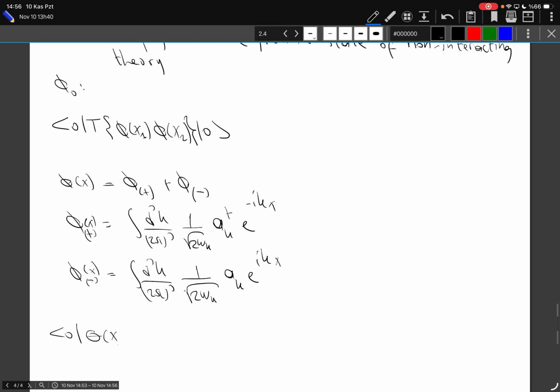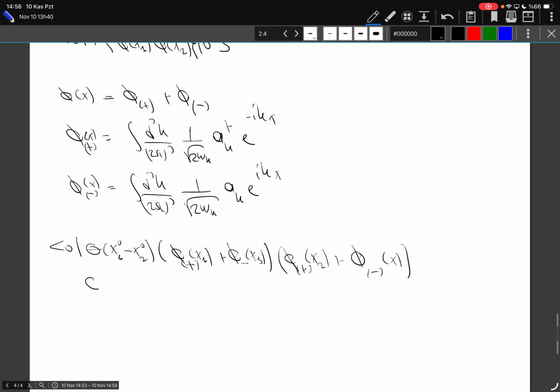Theta of x1 0 minus x2 0. If the time of x1 is later, then it will be phi plus x1 plus phi minus x1 times phi plus x2 plus phi minus x2.